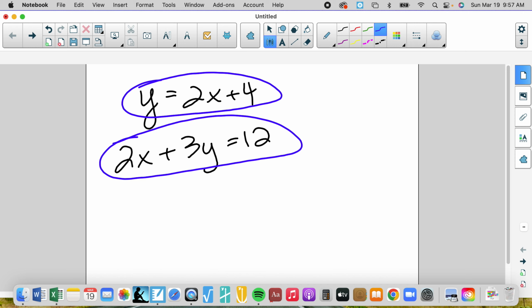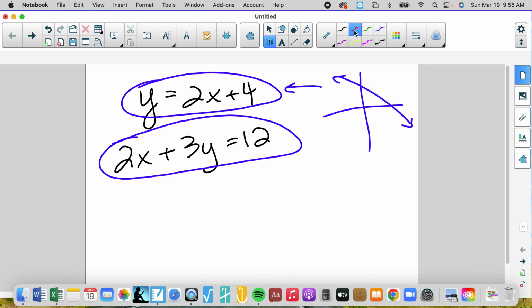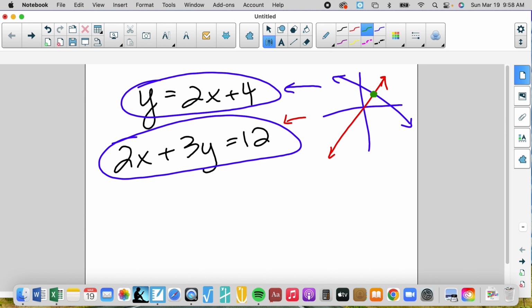So one way of finding the solution is, let's say that this is the solution to this equation, and let's say these are the solutions for this equation. So if we looked, this point would be a solution for both of those equations, and that would be the solution to this system.